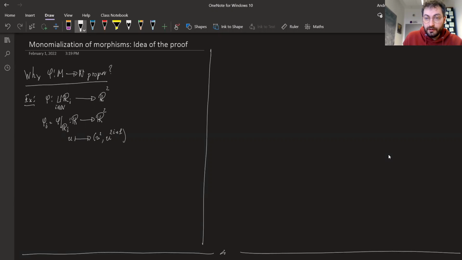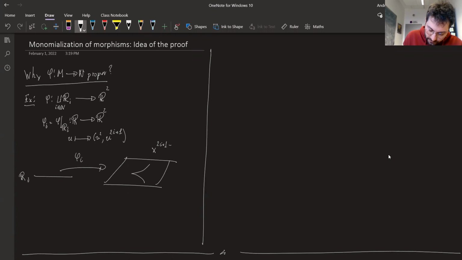So if we recall the idea that we had when we talked about the target, we're going to see that this morphism, once we fix the R_i, is sending here to a cusp given by the equation x^(i+1) minus y^2 equals 0.